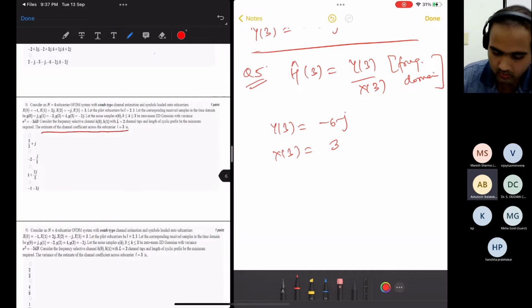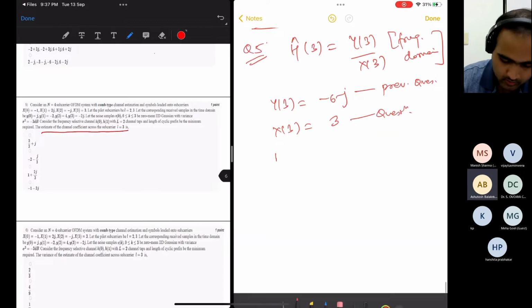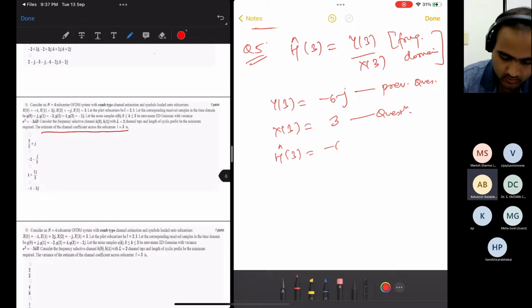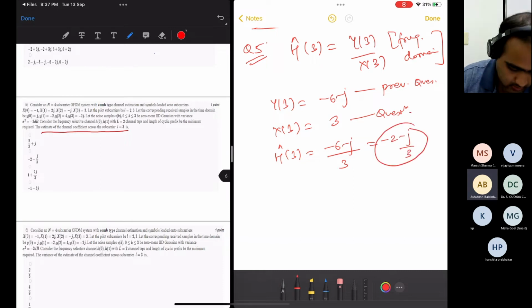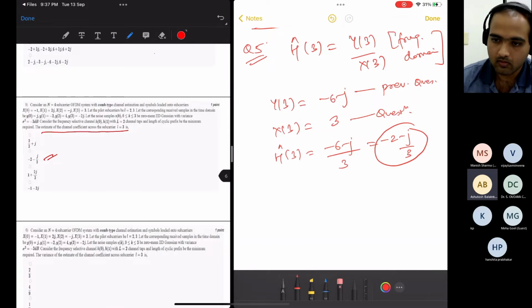This is given in the question itself. So h hat of 3 is minus 6 minus j divided by 3, which is minus 2 minus j by 3. So minus 2 minus j by 3 is option B. Any doubts? No, right?